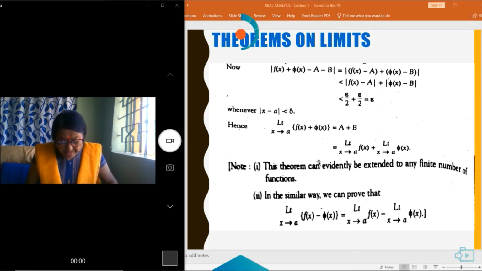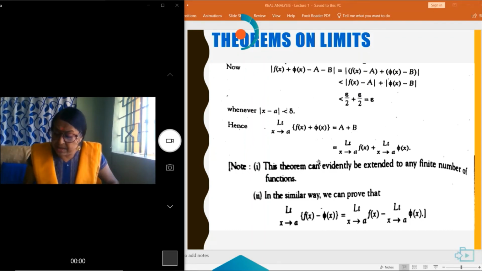Hence, limit x tends to a of f(x) plus phi(x) is equal to A plus B, which is equal to limit x tends to a of f(x) plus limit x tends to a of phi(x).